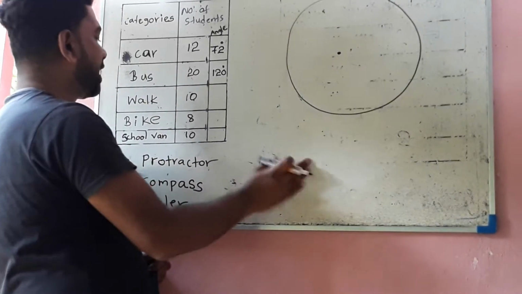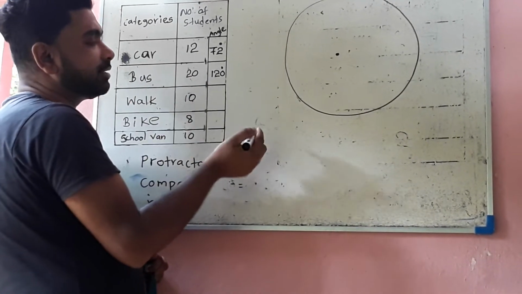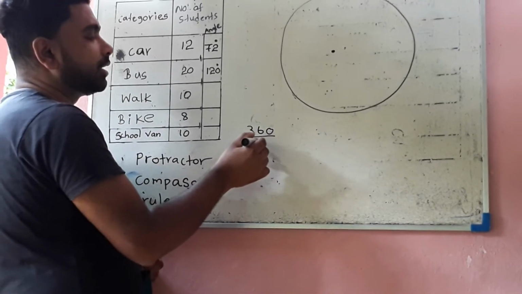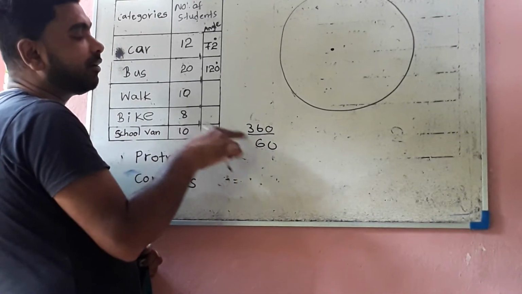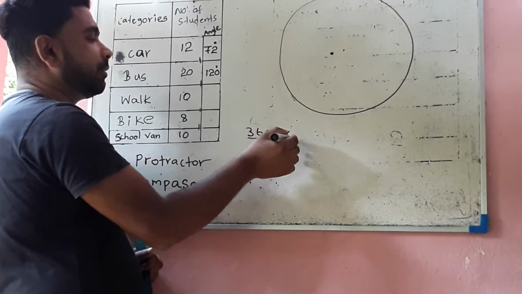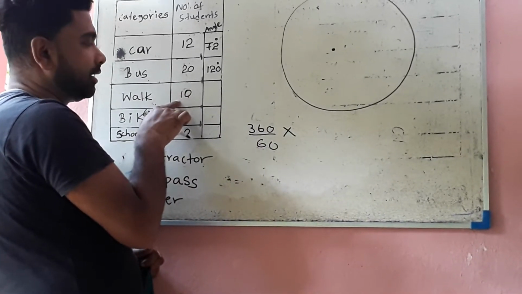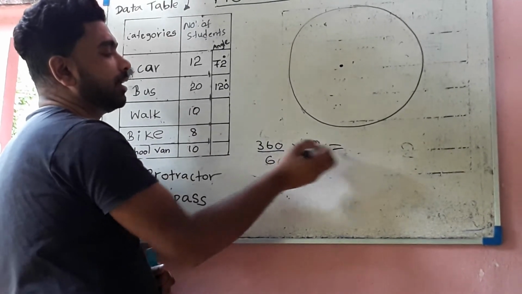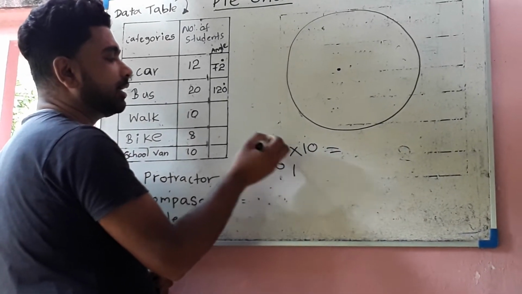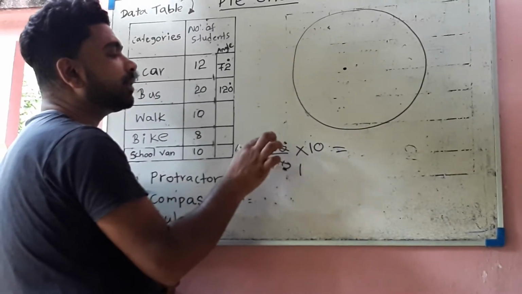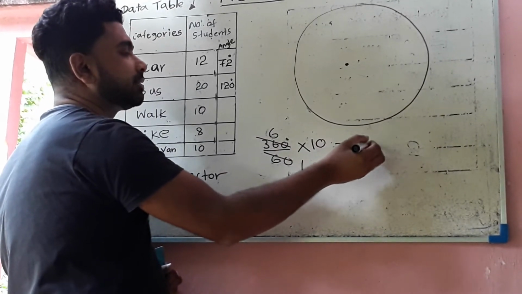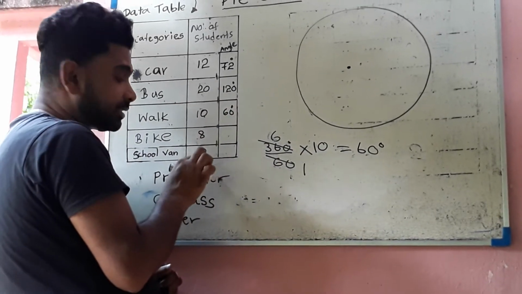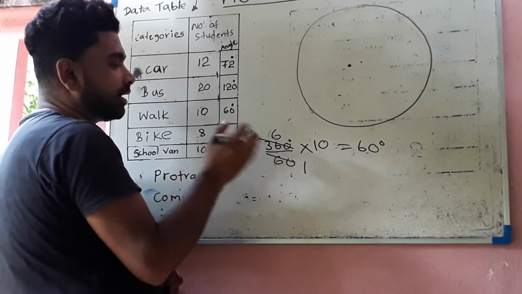And for the walking students, 360 divided by 60, the total number of data, and multiplied by that category's number, 10. Here 1, here 6. 6 into 10 is 60. So this angle is 60, and this angle also 60.